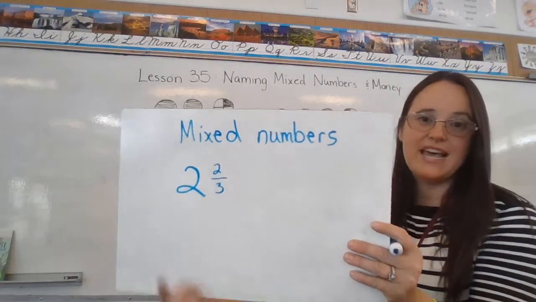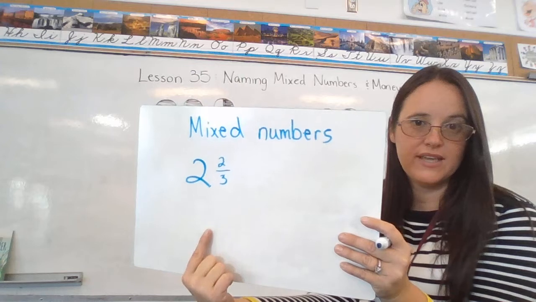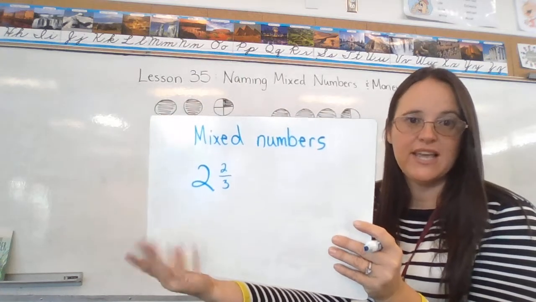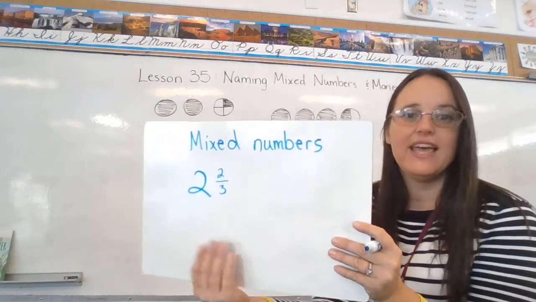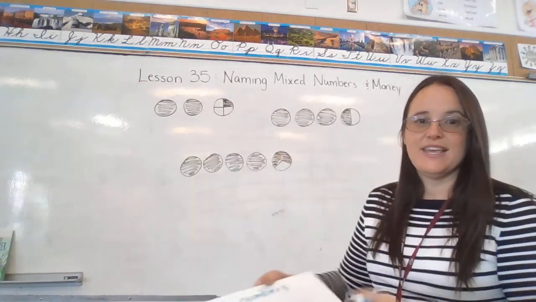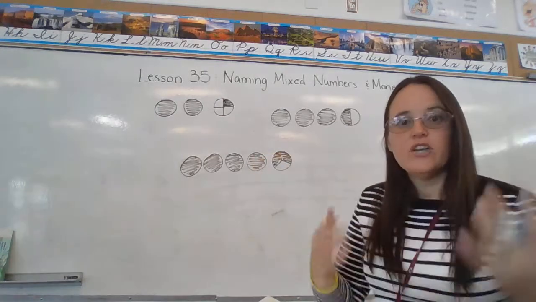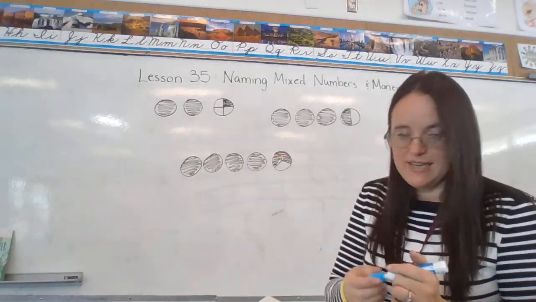So we read this as 2 and 2/3. We always say the whole number first, then we say the word "and," then we read the fraction. But we're looking at it as that is our number. It's got a whole number, it's got a fraction, so we call it a mixed number.